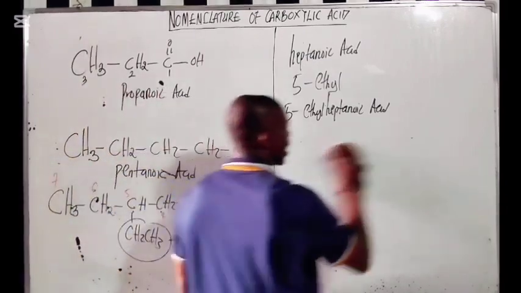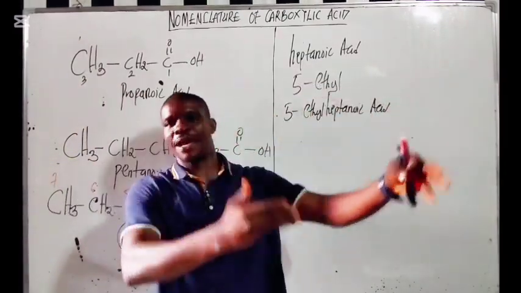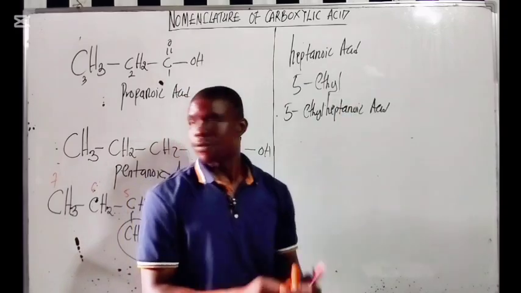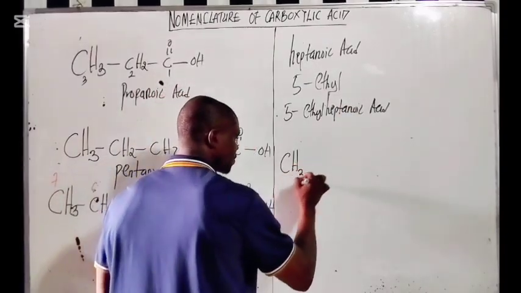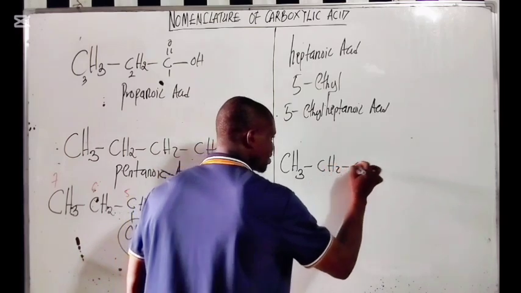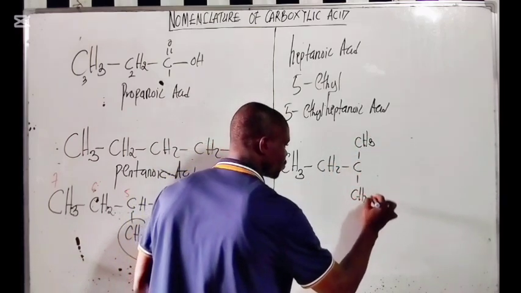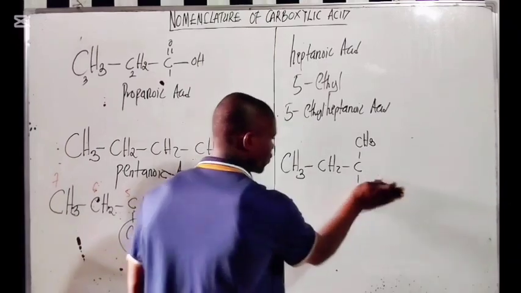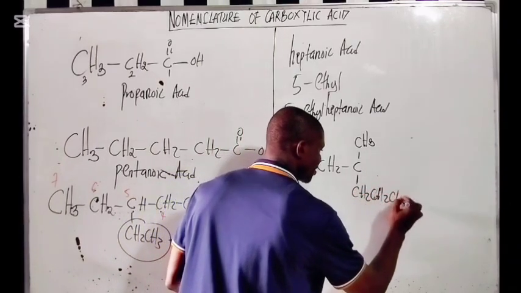If, for example, we have a chain that has different substituents, for example, here we have this one. Here we have CH3, CH2, C. Here we have CH3. Here we have CH2, CH. Here we have CH2, CH2, CH3.